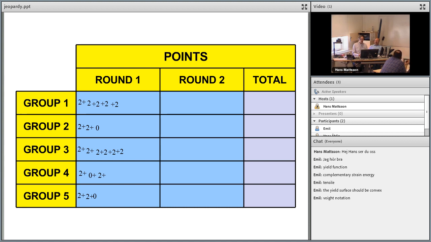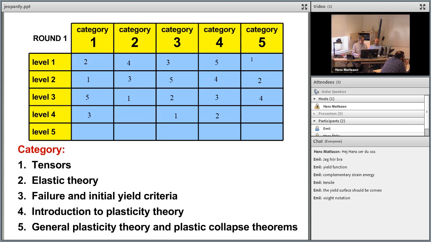Now it's group number 4. Category 3, level 5. Wow, now we're stepping up here, group number 4.